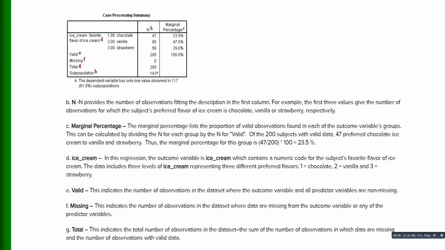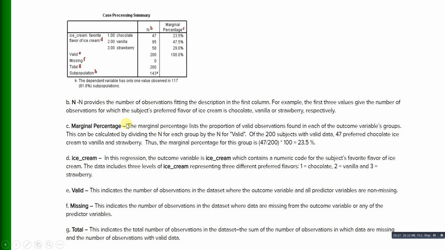So these are the three values. One is 47, one is 59, one is 58, and these are the percentages: 23.5%, 47.5%, and 29.0%. So these are also called marginal percentages.